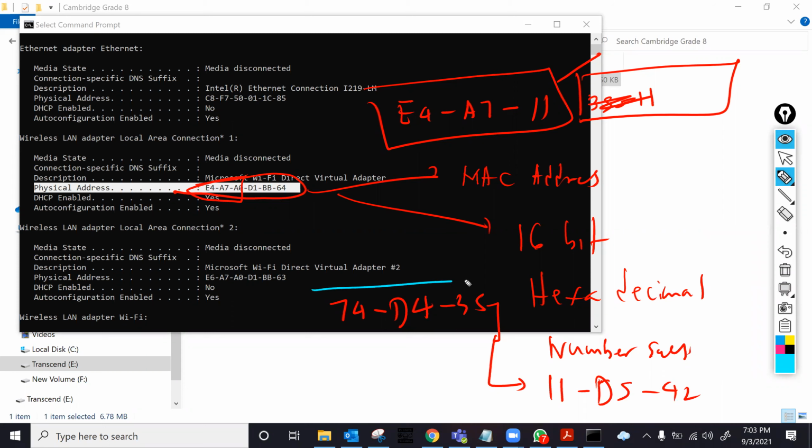Yes. So this is the first 6 digits. What would the first 6 digits be? I said that. You have to remember.